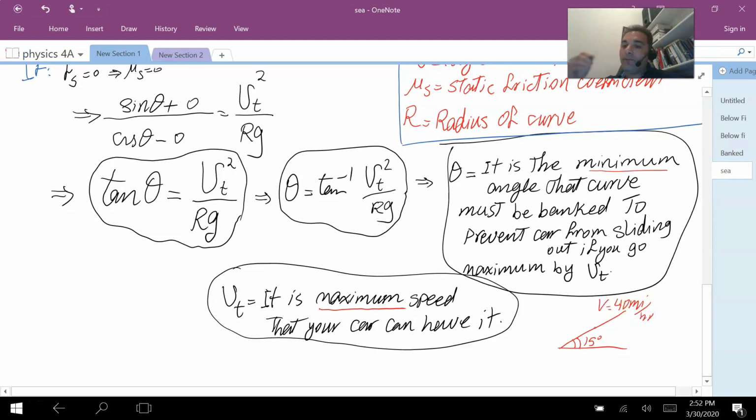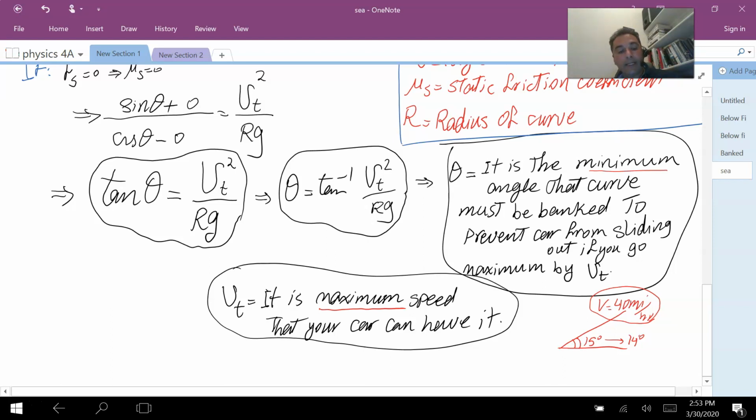If you go at 41 miles per hour, your car will slide out. If you are allowed to go 40 miles per hour, but the curve is made with 14 degrees, your car will slide out. So make your banked curve angle more and more, then you are safer. Does that make sense? So a higher angle means more safety than a lower angle, of course.